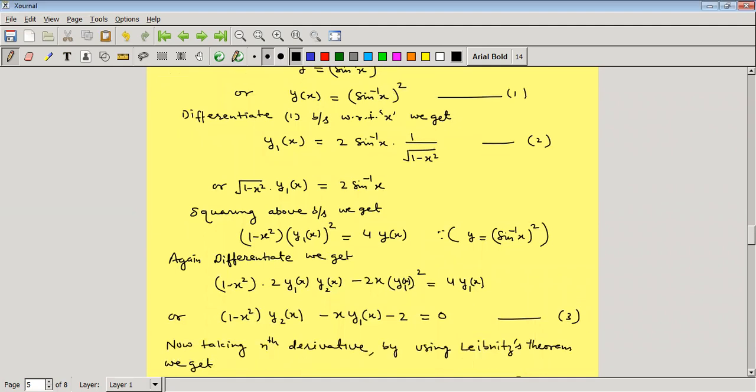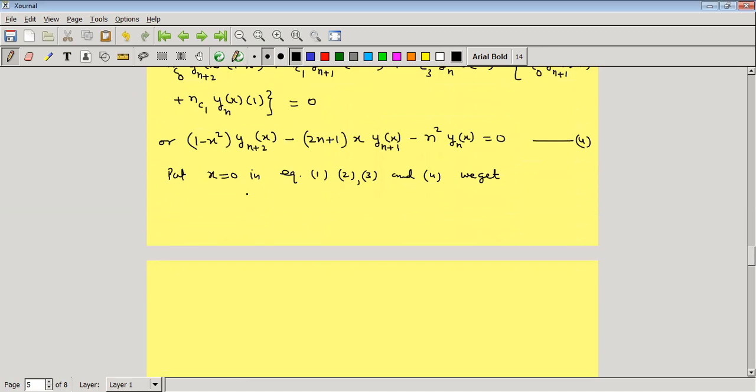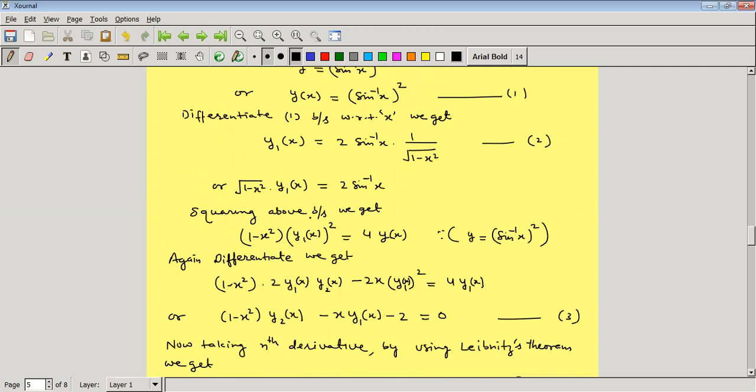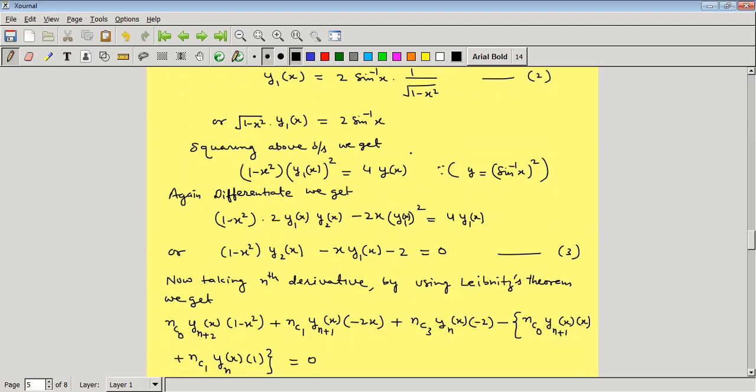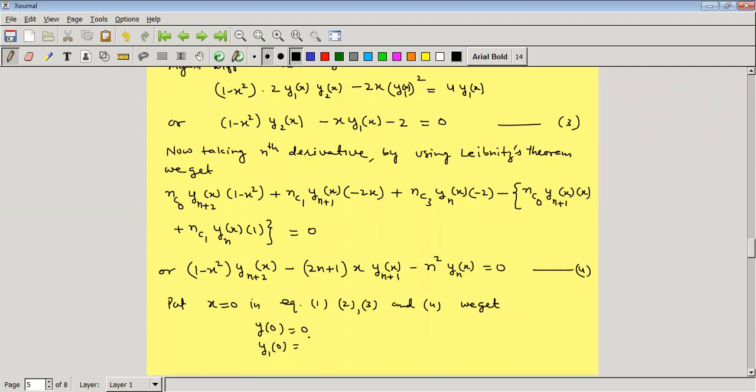So we get y0 equal to 0. Now what is y1 at point 0? For y1 we use equation number 2, put x equal to 0. Sine inverse 0 is 0, and the other factor, 1 upon under root 1 minus x square, is 1. So again we get y1 equal to 0.